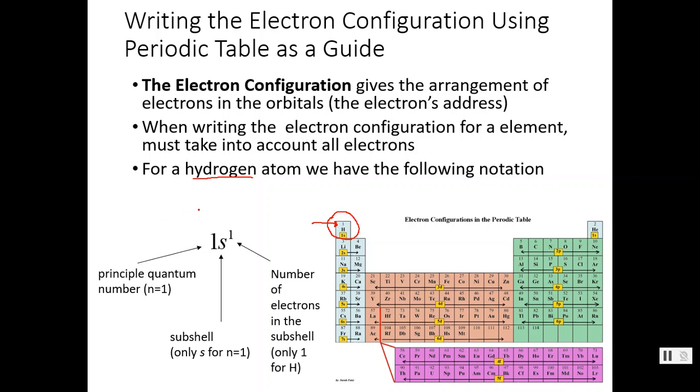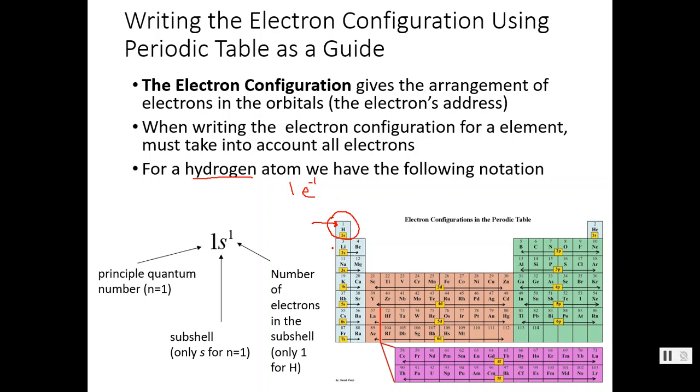Protons are positively charged, so that means I need to have the same number of electrons. So a hydrogen atom has one electron. I'm going to use this e-1 to mean electron. So that means I need to place one electron in my electron configuration.